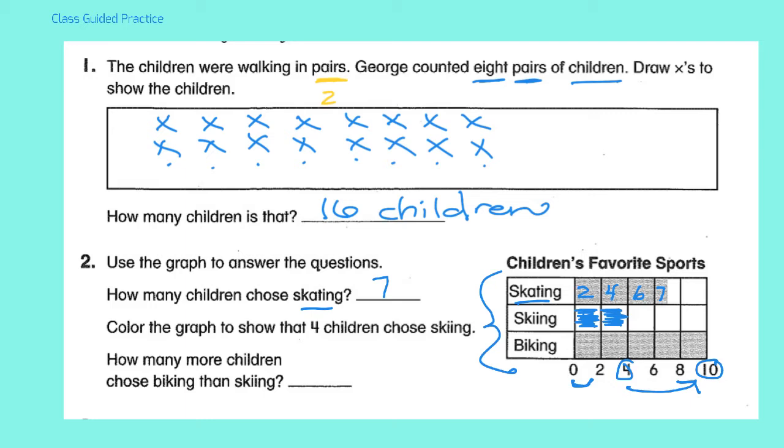So what we have to do is take the 10, subtract 4, the skiers, and we get 6. So we know that 6 more children like biking better than skiing. The other way you could have done it is just count from here on and said 2, 4, 6.